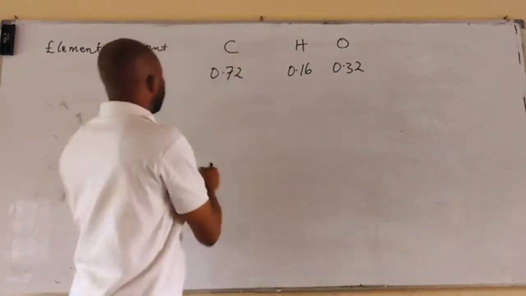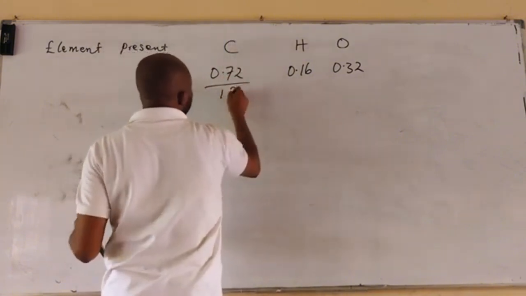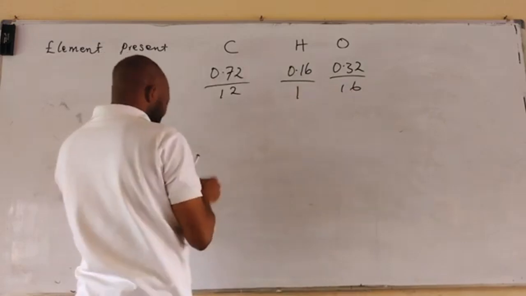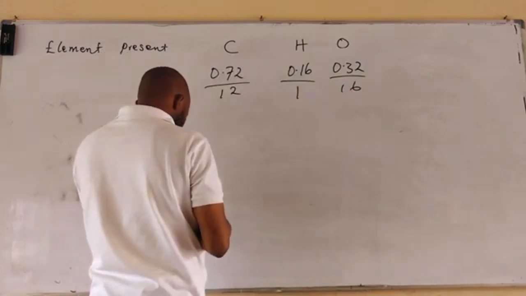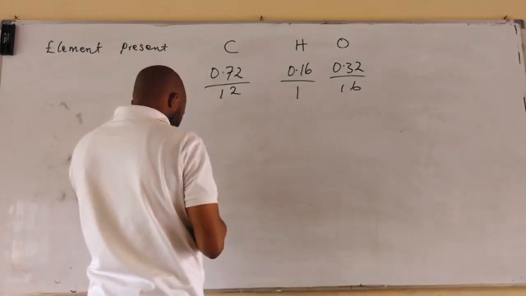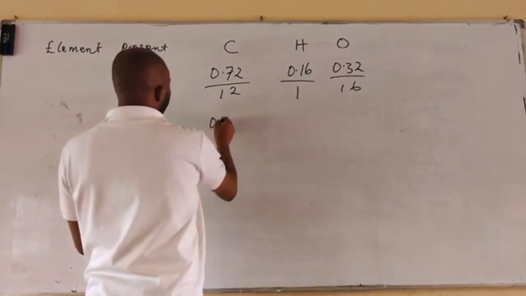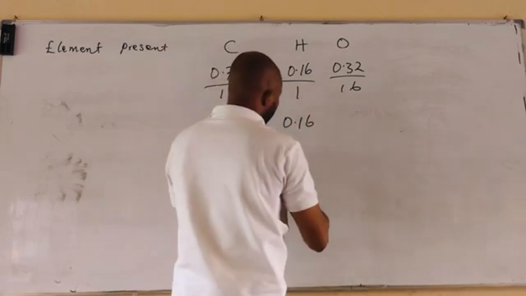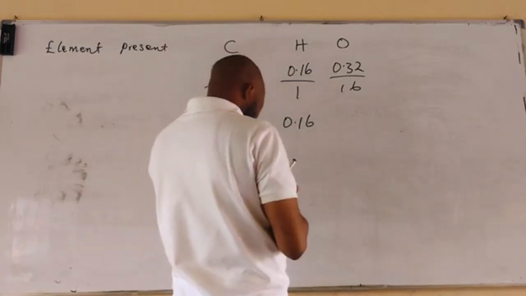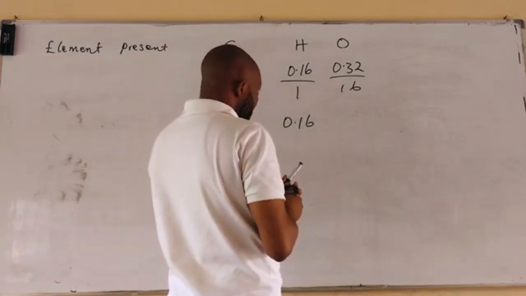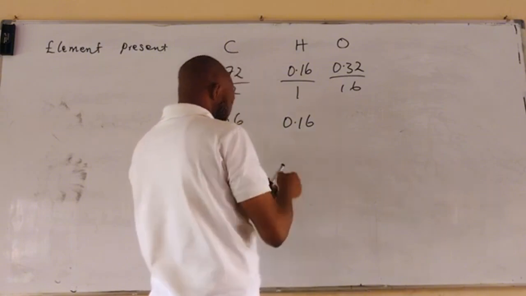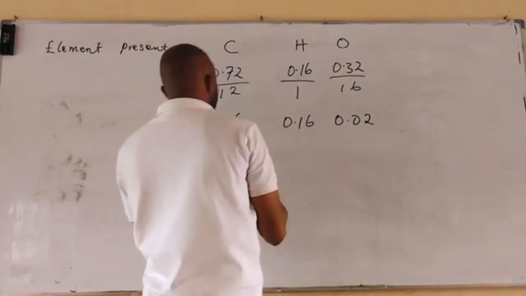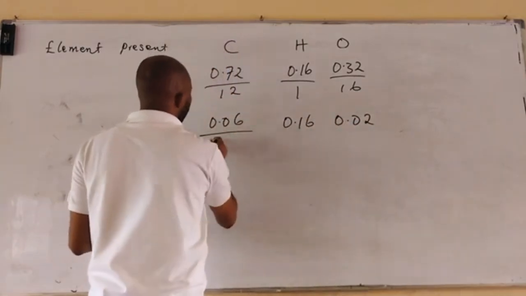So we divide by the atomic masses: 12, 1, and 16. 0.72 divided by 12 is 0.06, 0.16 divided by 1 is 0.16, and 0.32 divided by 16 is 0.02. We divide by the lowest, 0.02.